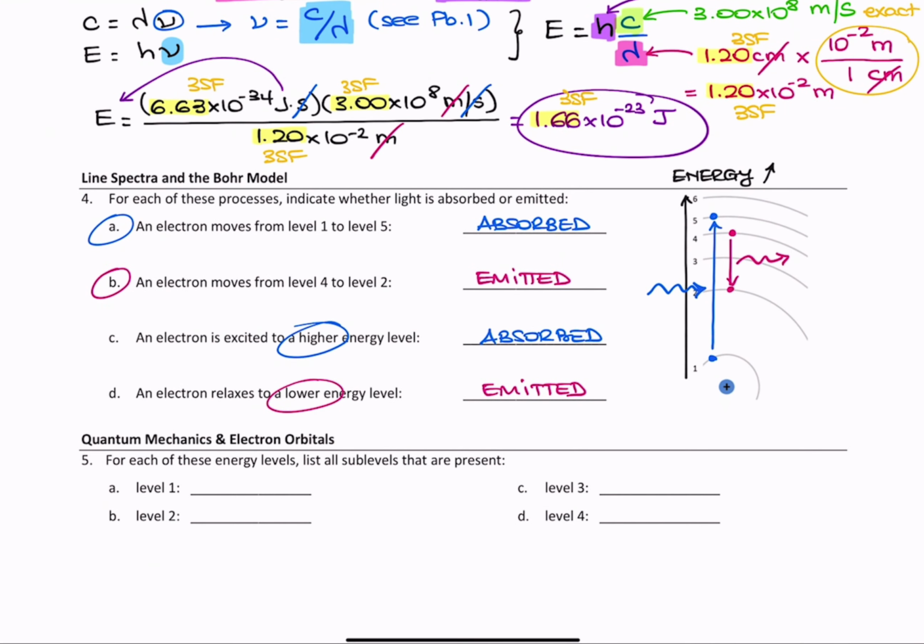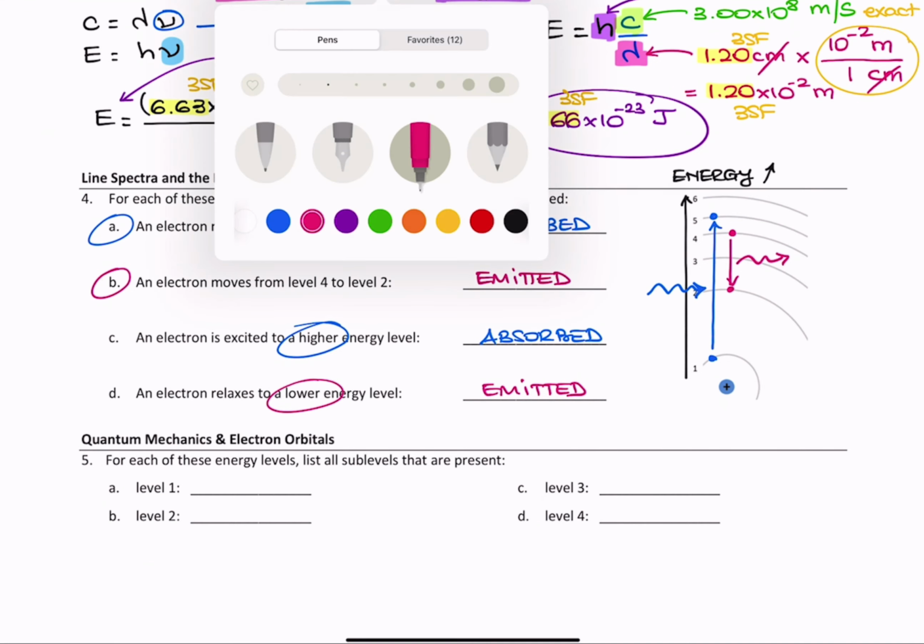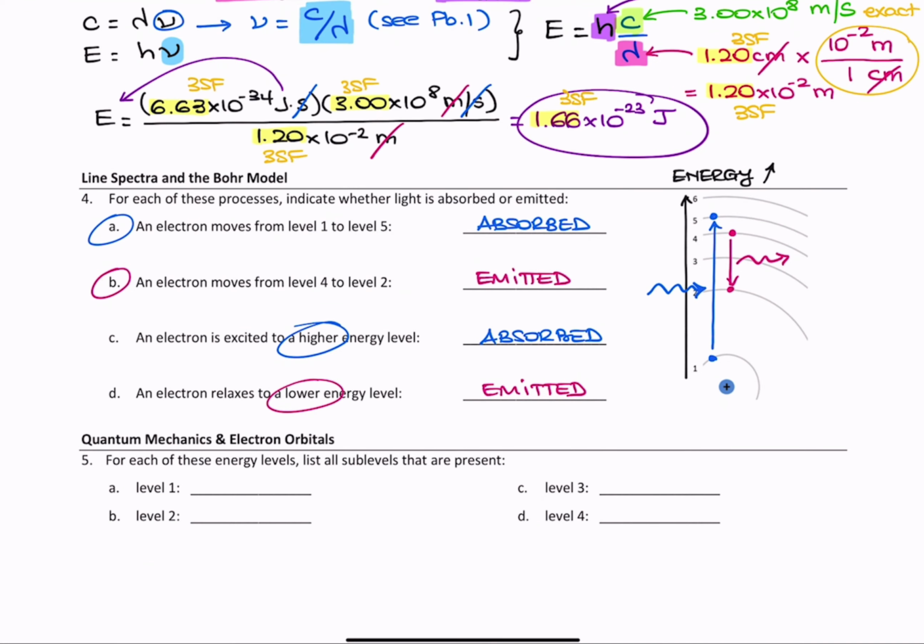5. For each of these energy levels, list all sublevels that are present. Well, level 1, we only see the S sublevel. In level 2, we see S and P. Level 3, we see S, P, and D. And for level 4 and above, we see S, P, D, and F. There are 4 different sublevels.